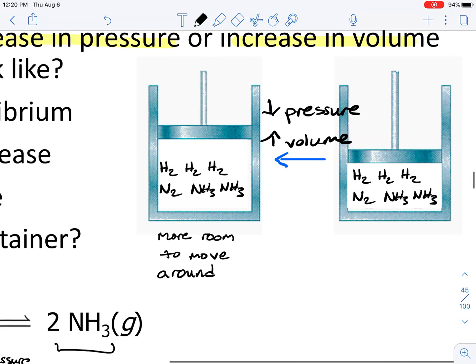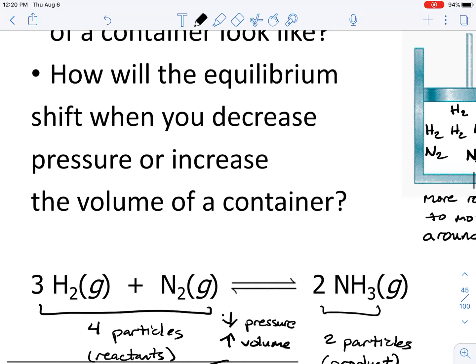And so if we take the NH3 and if we remove this, we get 3 more hydrogen gases if we follow the stoichiometry. And we also gain an extra nitrogen gas.